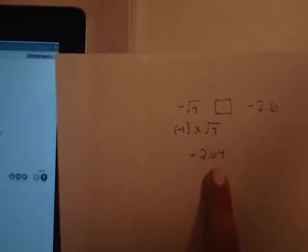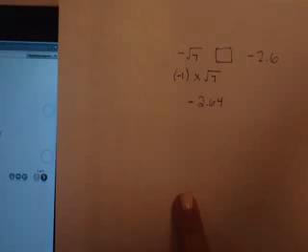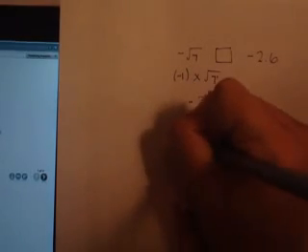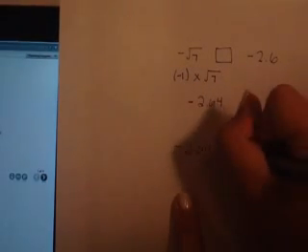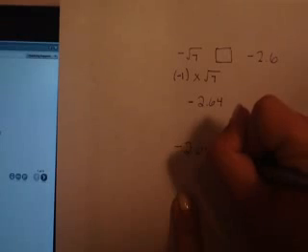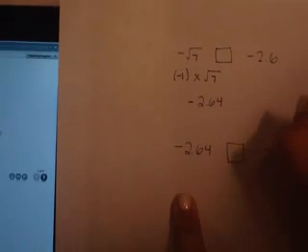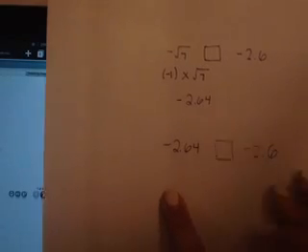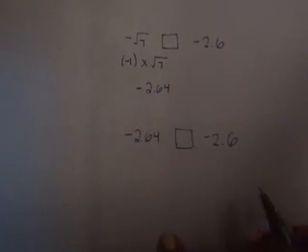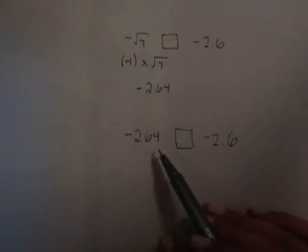So now what we're comparing here, we'll be comparing negative 2.64 and negative 2.6. Well, if this was all positives, then yes, 2.64 would be greater.